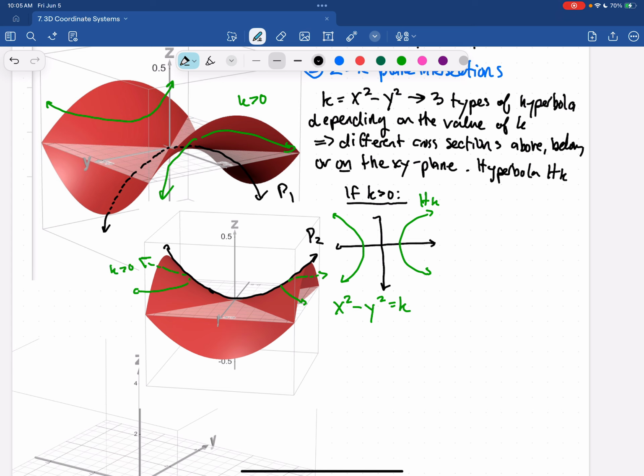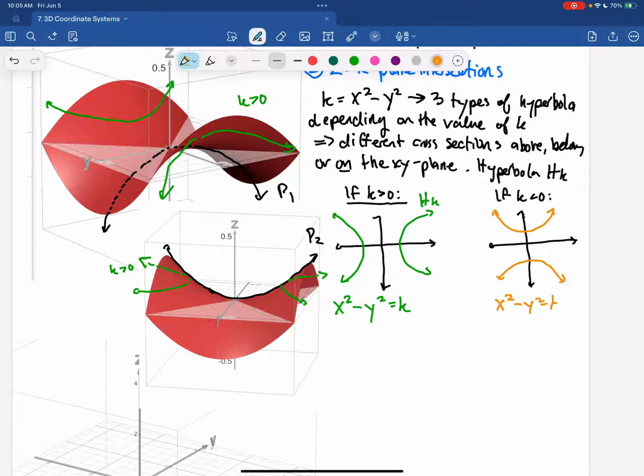Then for k negative, we'll get ones that are opening up and down essentially. Let's say we use orange for that. We get this kind of hyperbola. Again, with the same equation, it's still x squared minus y squared is equal to k. It's just that k happens to be negative. So if I were to place that on top of this graph, when k is negative, that means we're looking below the xy plane.